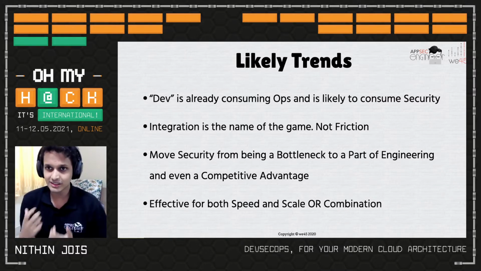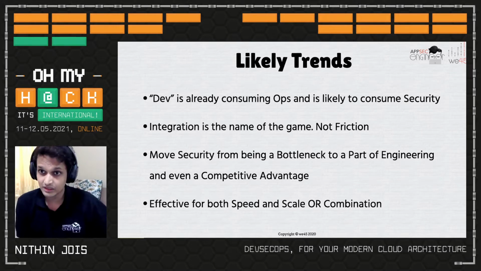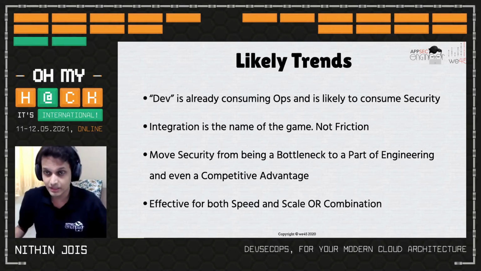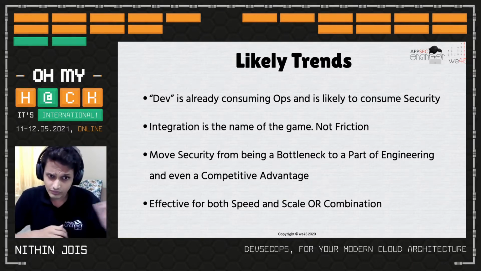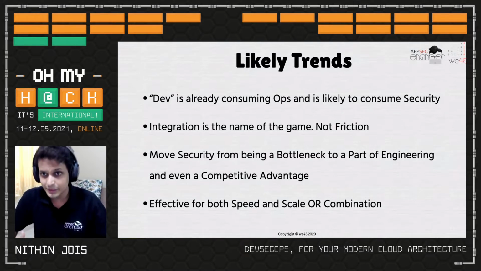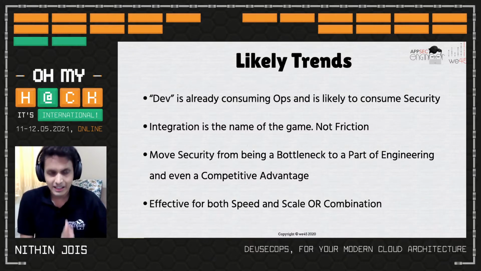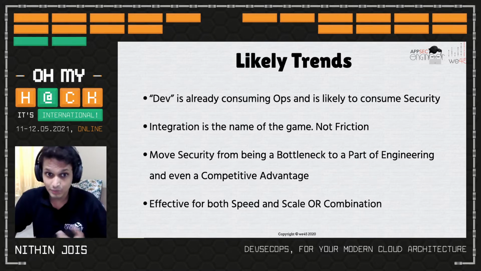And you also want to start moving security from actually being a bottleneck, which it is at the present day when you really look at integrating security as part of a traditional CI/CD pipeline. You want to start moving it to be a part of the entire engineering process and probably even leverage that as a competitive advantage. And at the same time, you want to be effective, not just for speed, but for scale.